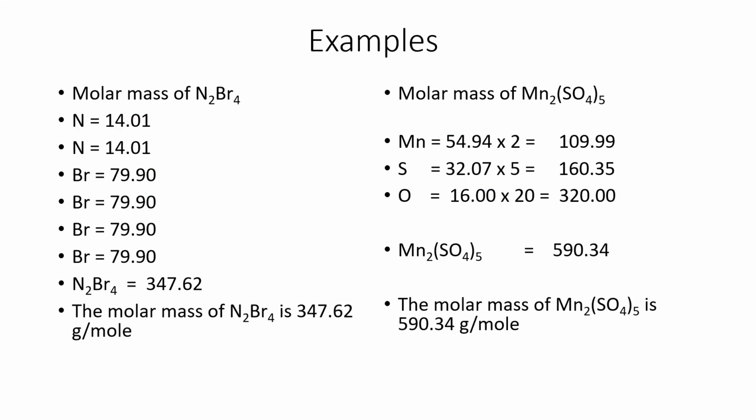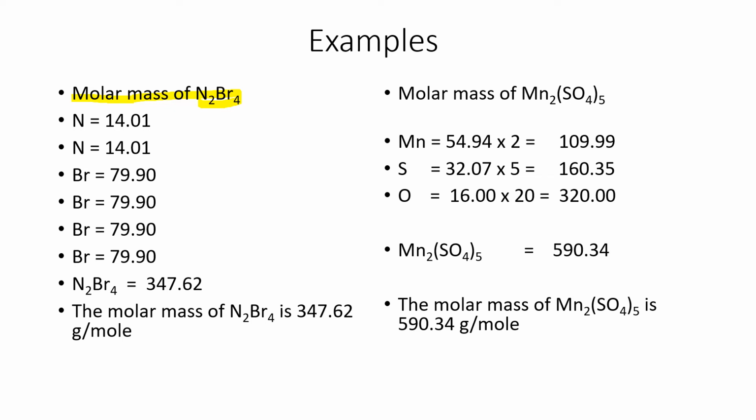So first, just some examples of counting things up. Our first example is we're going to try to figure out the molar mass of N2Br4. Well, N2Br4 is a molecule. If we want to figure out what's going on for the total of N2Br4, we just have to sum together all of the parts.